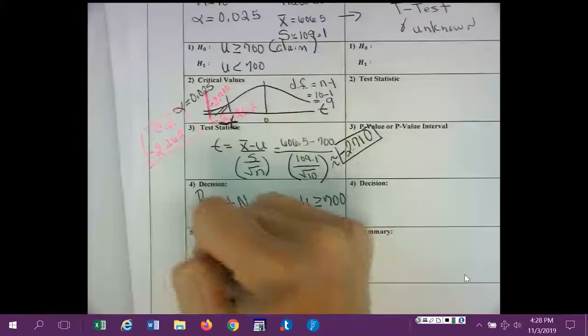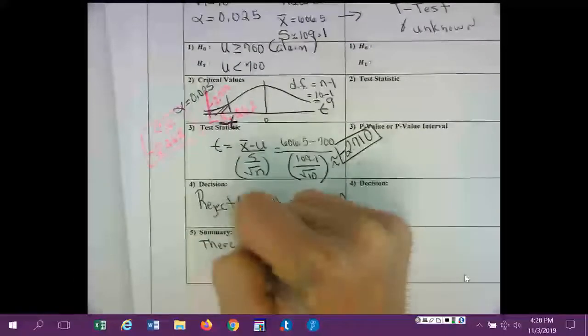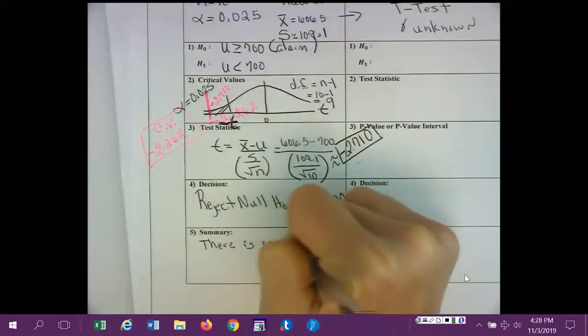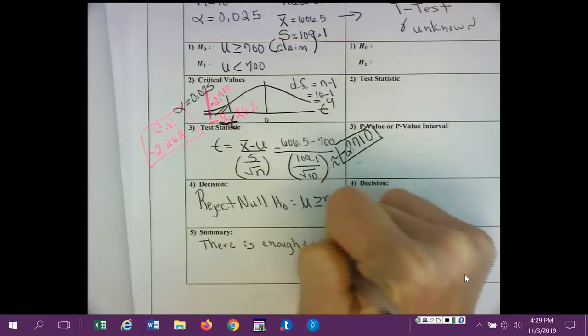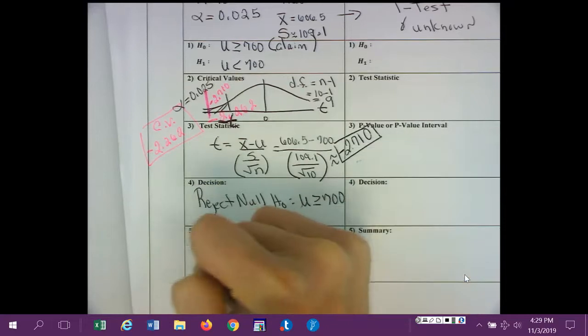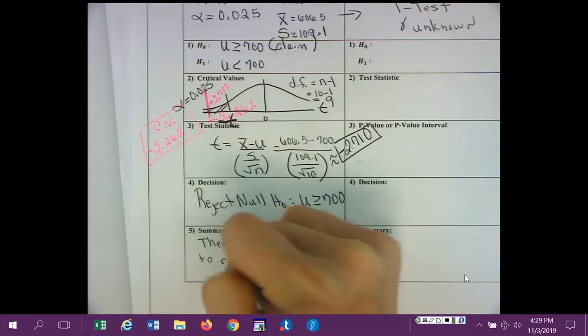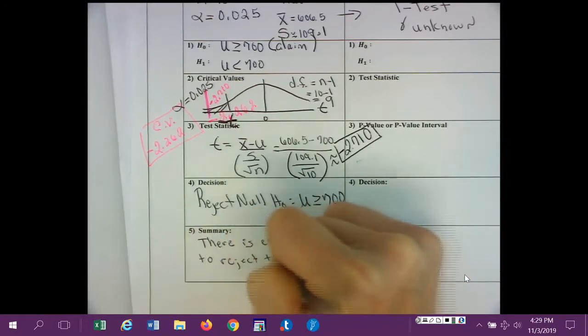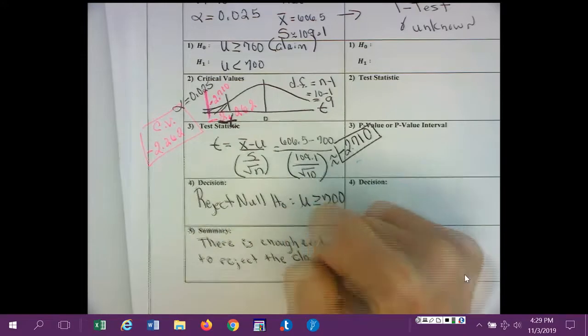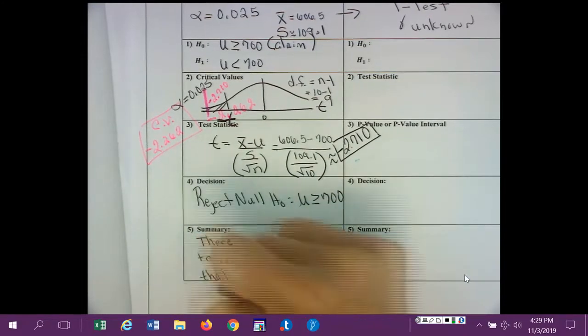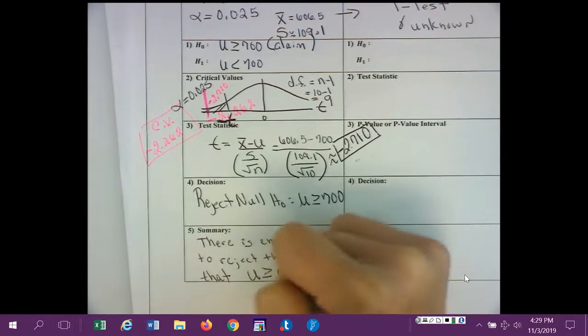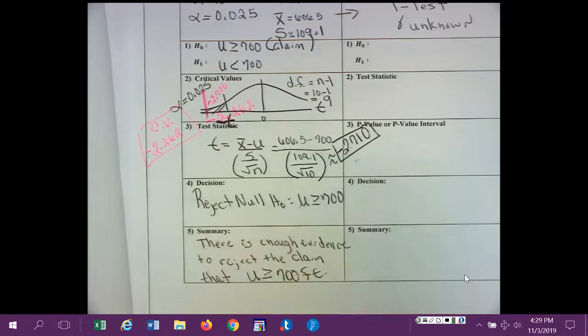There is enough evidence to reject the researcher's claim that the average is at least 700 feet. I didn't write all of that out, but there is enough evidence to reject the claim that the average is at least 700 feet. And that's all you can say.